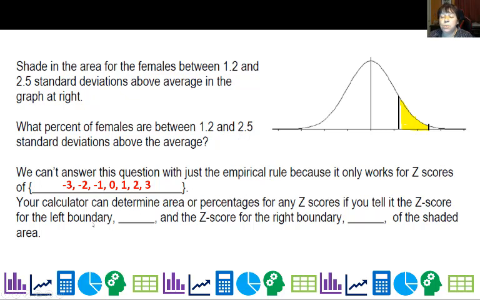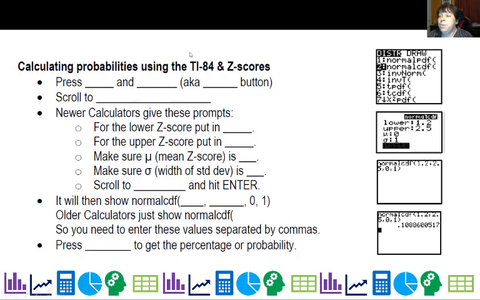If you tell it the z-score for the left boundary, which I'm going to call z left, and also could be called z lower, and the z-score for the right boundary, which is z right, you can also call it z upper. So it's referred to as upper on the calculator. So if we're going to calculate these probabilities, what you need to do is press second distribution, and you'll see this menu right here.